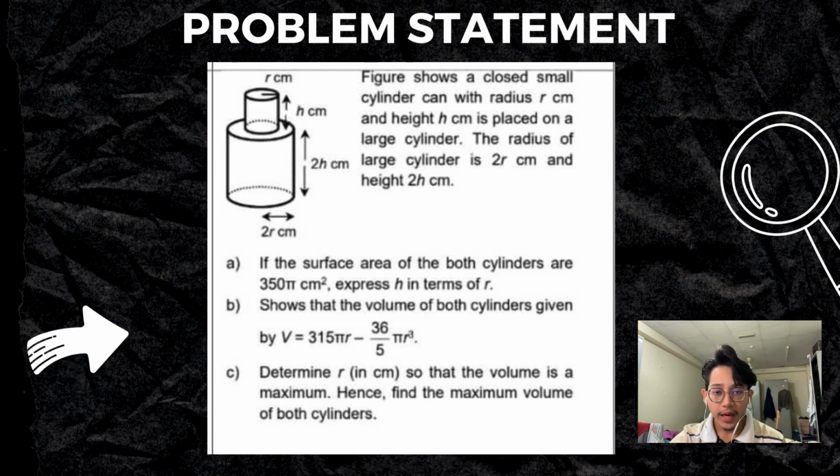Following that, Kais will handle part B, demonstrating the volume of both cylinders, and finally, Akmal Fikri will tackle part C, determining the radius r that maximizes the volume and subsequently finding this maximum volume.